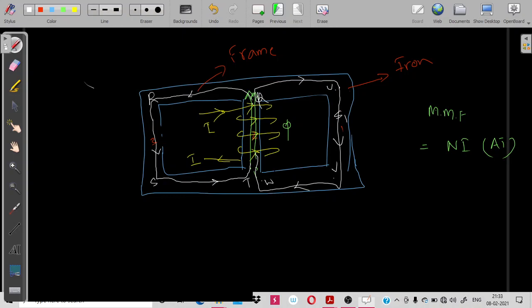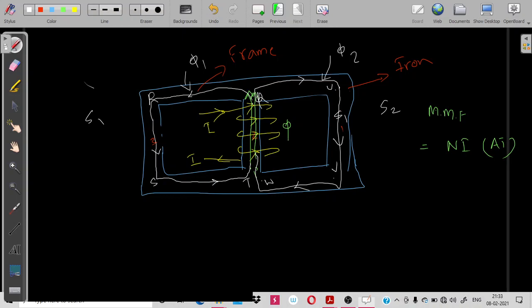So let us assume the reluctance, or the opposition to the flow of flux lines. Let us call this flux phi 1, and this flux phi 2. So for the flow of flux phi 1 we have S1 reluctance, and for this path we have S2 reluctance, or S2 opposition.